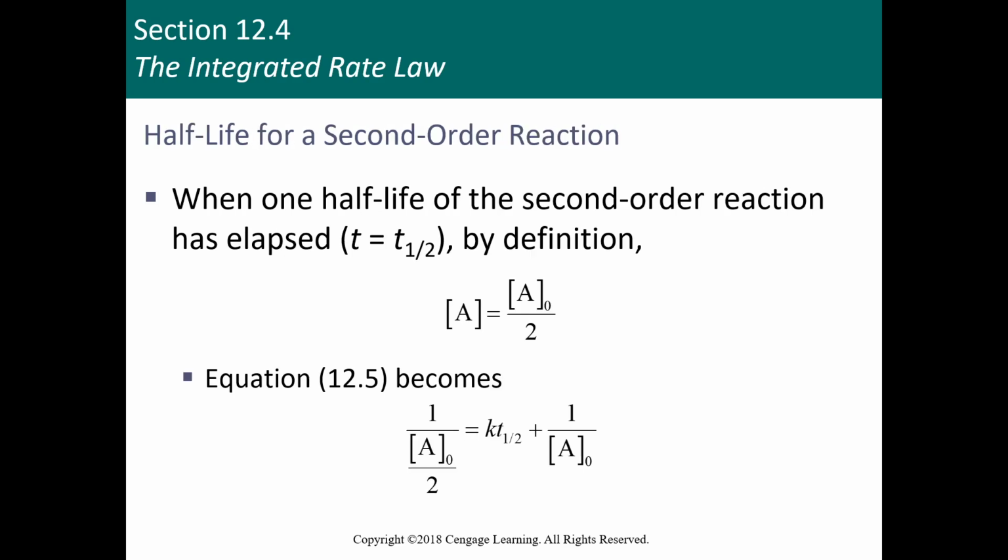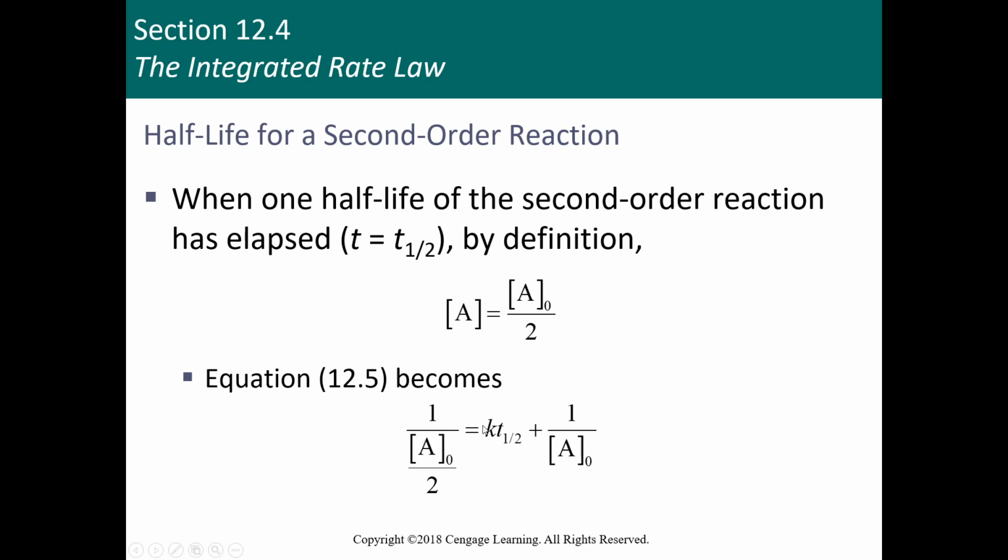So when a half-life of the second order reaction has elapsed, so again, t equals t1/2, which is where half of your concentration has disappeared, right? By definition of half-life, it has to be where the concentration is half of your original. So if we substitute that in, we can then get it so we have each side being your initial concentration. So by definition, the half-life has to be this right here.